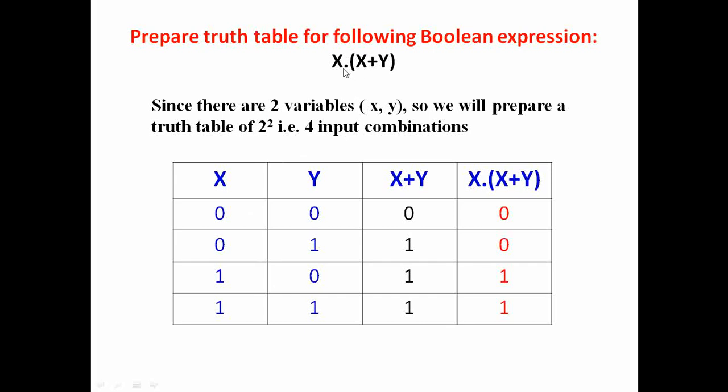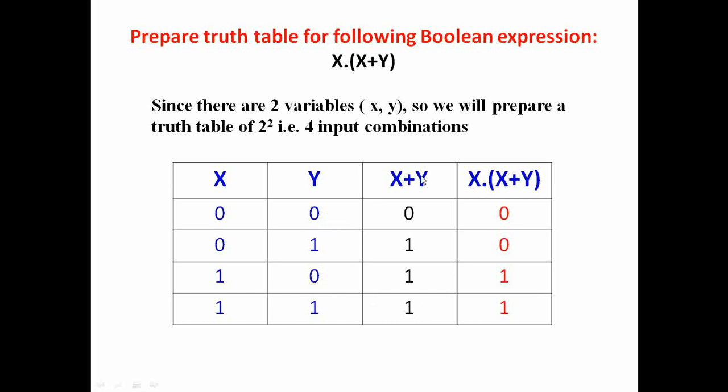Then we have x·(x + y). So x we already have, and we will find x + y now. So in this column we will write x + y, that means x or y. So what is x or y? 0 plus 0 is 0, 0 plus 1 is 1, 1 plus 0 is 1, and again 1 plus 1 is 1, right?